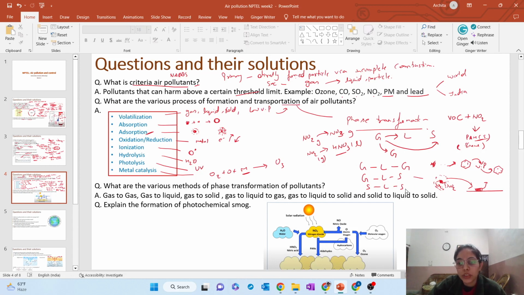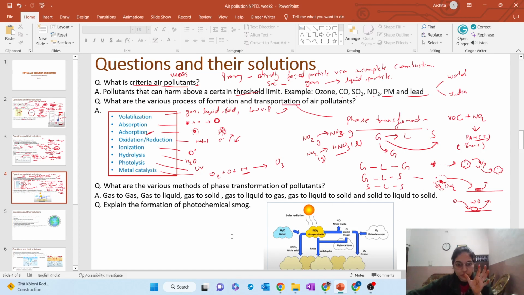And solid to liquid to solid is again when a particle gets wet deposited, in the form of a water droplet. There is liquid and solid, this water is removed and only solid is left, that is solid liquid solid. So these are different phase transformations that can happen in the atmosphere. Some are very simple, some are actually very complex heterogeneous reactions.